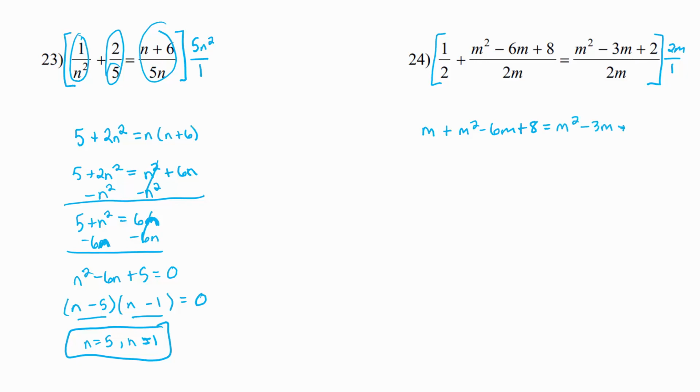We do have some m squared, so we need to get them together. They subtract each other off, and so m minus 6m is negative 5m. We're going to add 3m, or you could add 5m. We need to get them together, though, and we need to subtract a number to the other side.